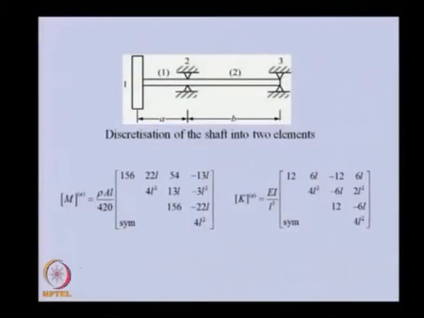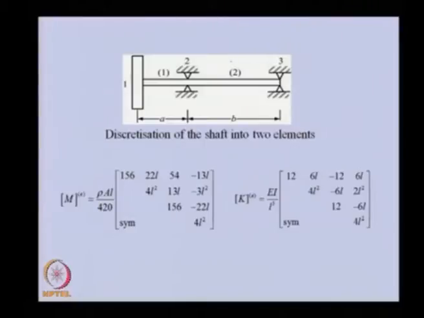In this particular case, again for simplicity, we are dividing into 2 elements. This is one element, and this is the second element. Correspondingly, we have 3 nodes, and now we write the elemental equation for element 1 and element 2.